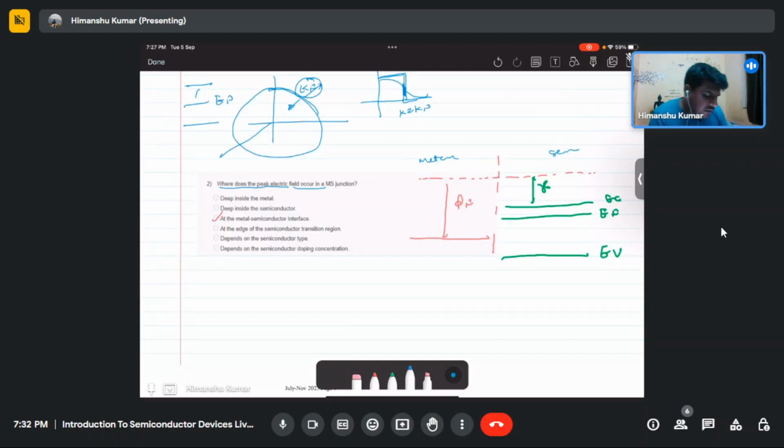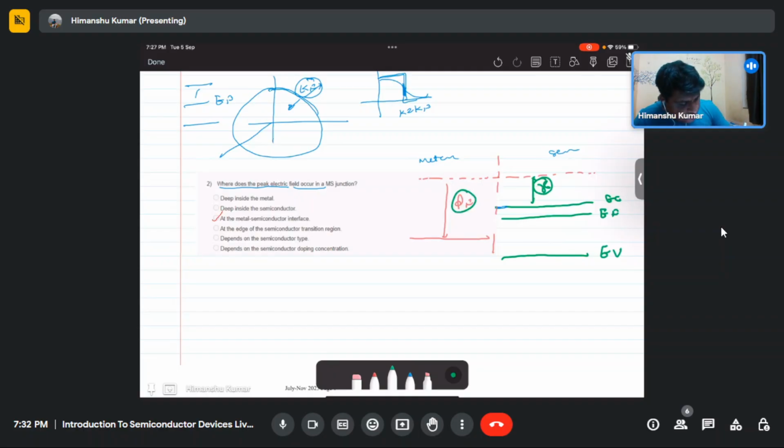We haven't made the contact. To draw the band diagram, these chi and phi f are the material parameters.